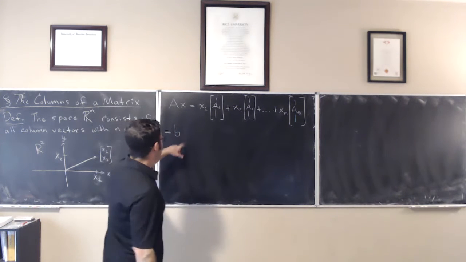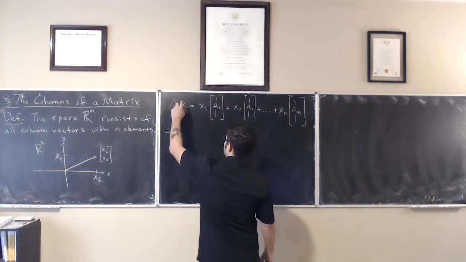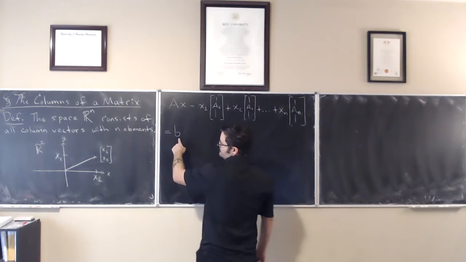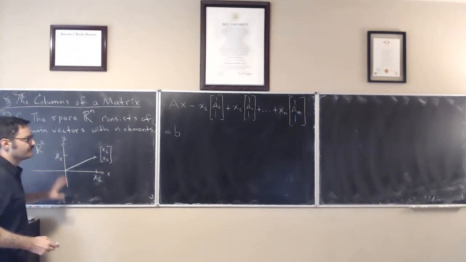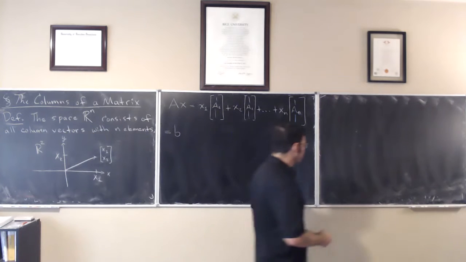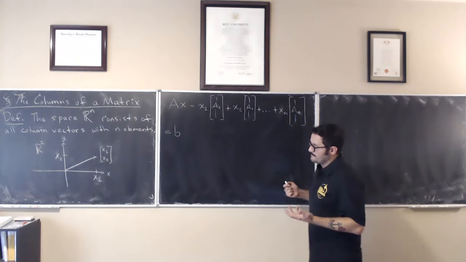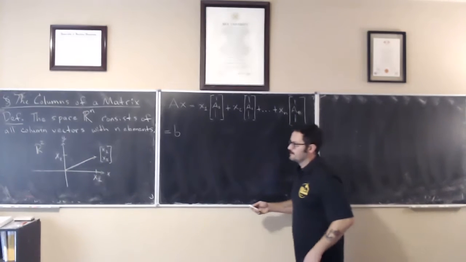So what this matrix A is doing is it's taking x and moving it to another vector b somewhere in this space, and the columns of that matrix determine where x gets moved to.